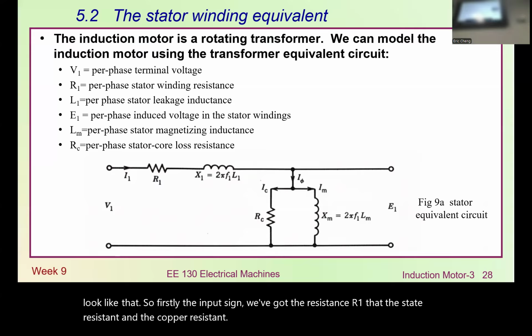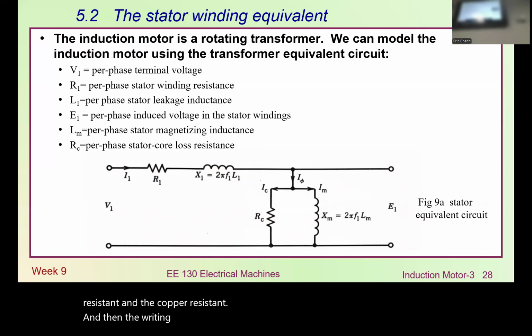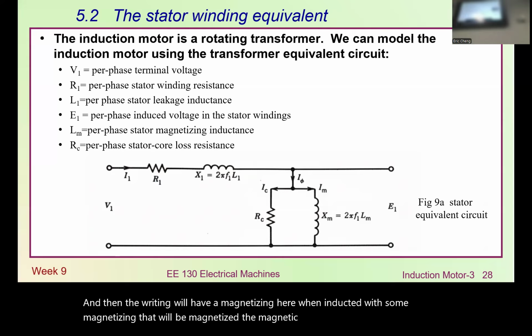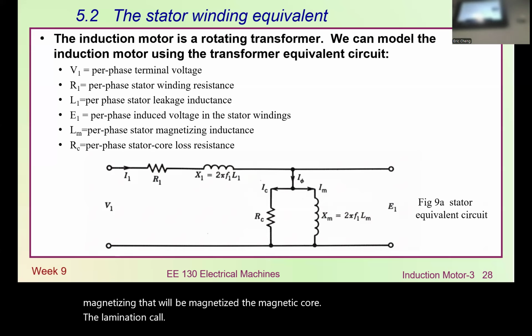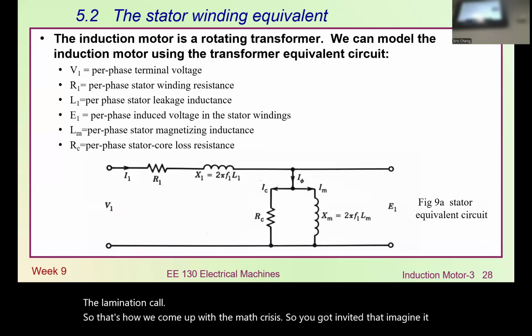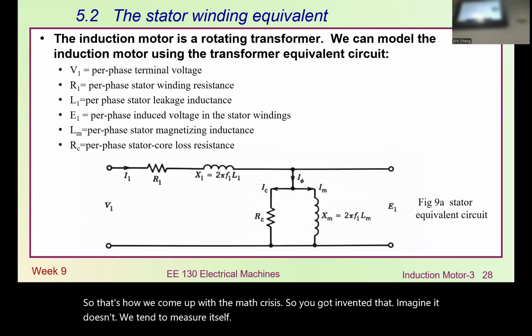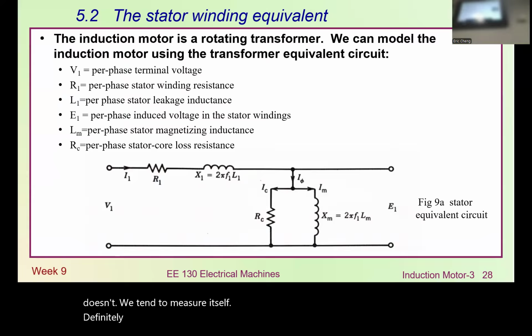And then the winding will have a magnetizing inductance, which magnetizes the magnetic core, the lamination core. That's how we come up with the magnetizing inductance. If you measure inductance, we tend to measure this one. However, some of the magnetic flux is not linking to the magnetic core.